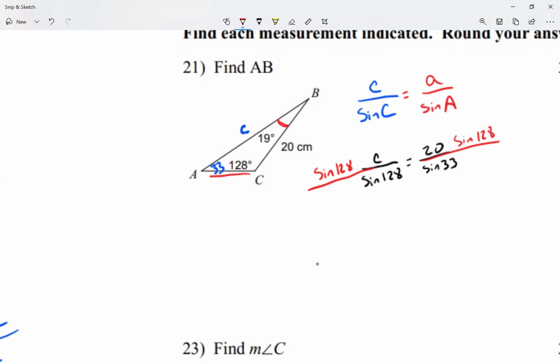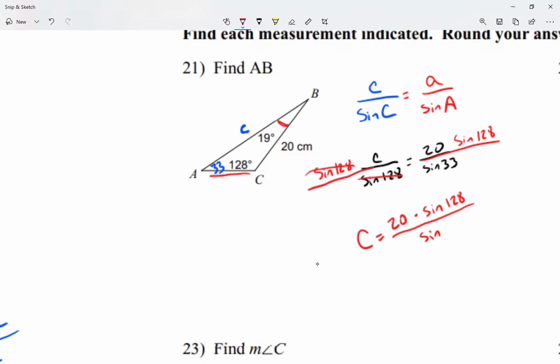Notice how I extended my fractions and I put sine of 128 on top of both fractions because I want these to cancel out. So I know that C is equal to 20 times sine of 128 divided by sine of 33. Okay, now just type that on a calculator and you should be good.